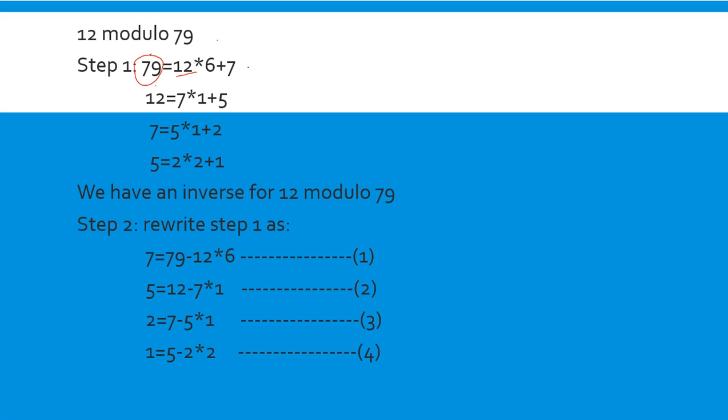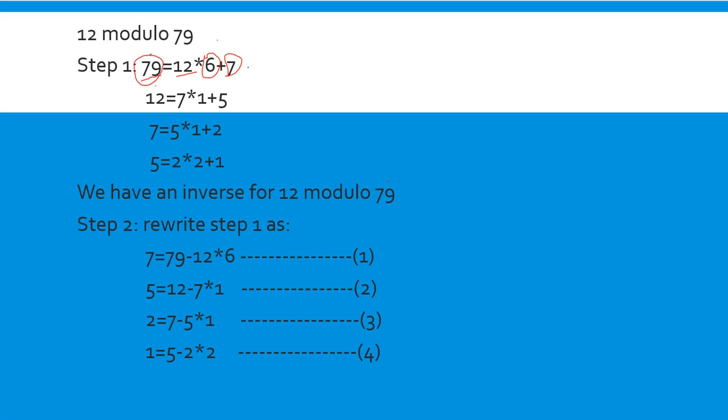Just take the whole integer value before the decimal, that is 6, and place it here. So you get 12 into 6, that is 72, and you subtract it from 79. You will get 7, which you place right here.